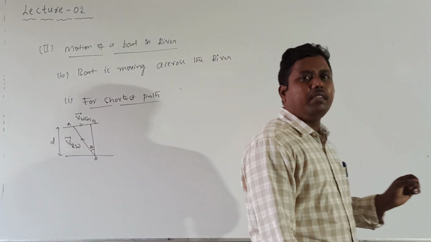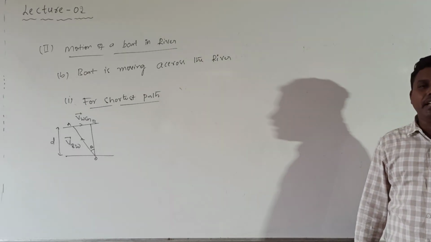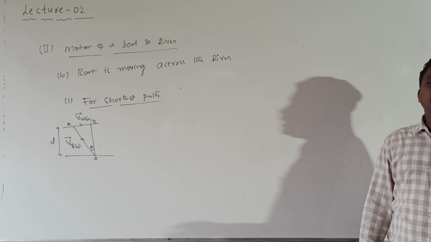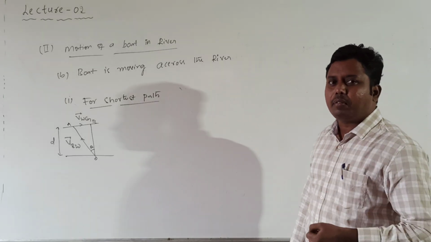Always remember, whenever a boat wants to cross the river in the shortest path, the boat has to go upstream by making an angle theta with the north.